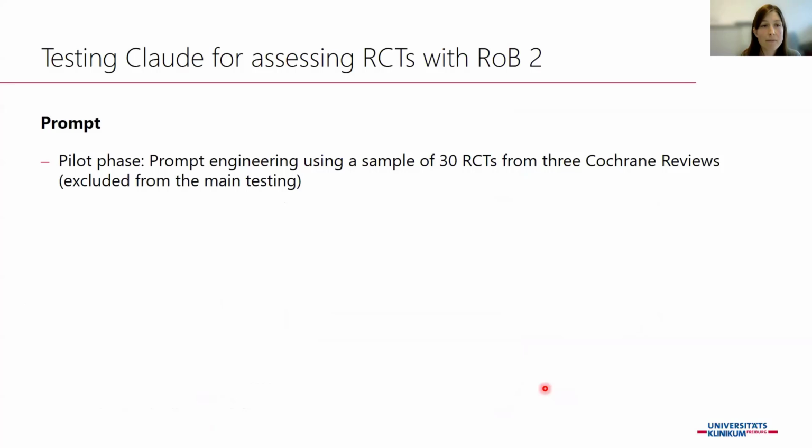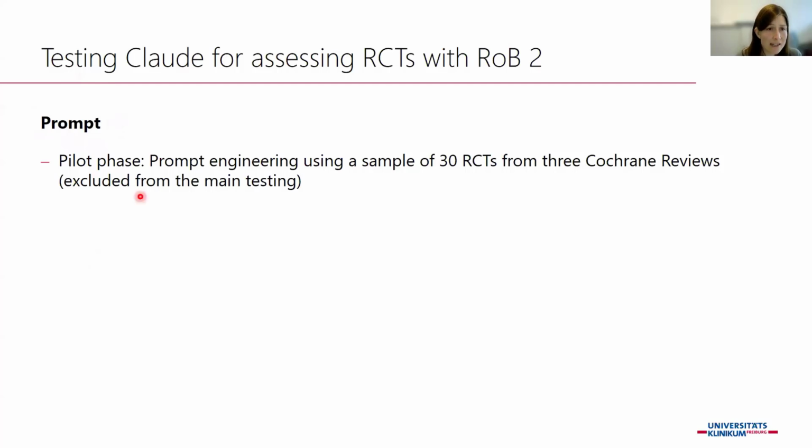I would like to give you some information on our prompt, because I think this is something interesting to many of you. Prompting, I'm sure most of you know what a prompt is. It's just the task you give to the large language model in natural language, in normal language.